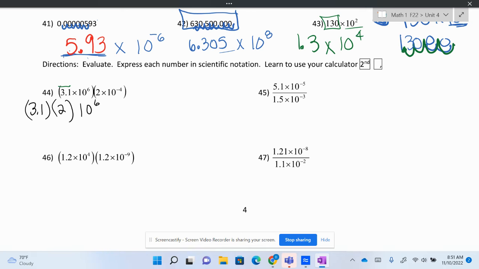And then take 10 to the 6th power and multiply that by 10 to the negative 4th power. So 3.1 times 2 is 6.2. 10 to the 6th times 10 to the negative 4 becomes 10 to the 2nd.